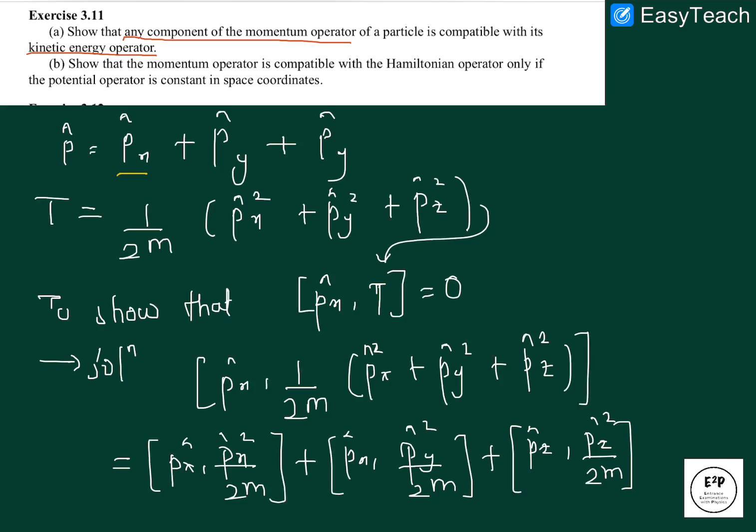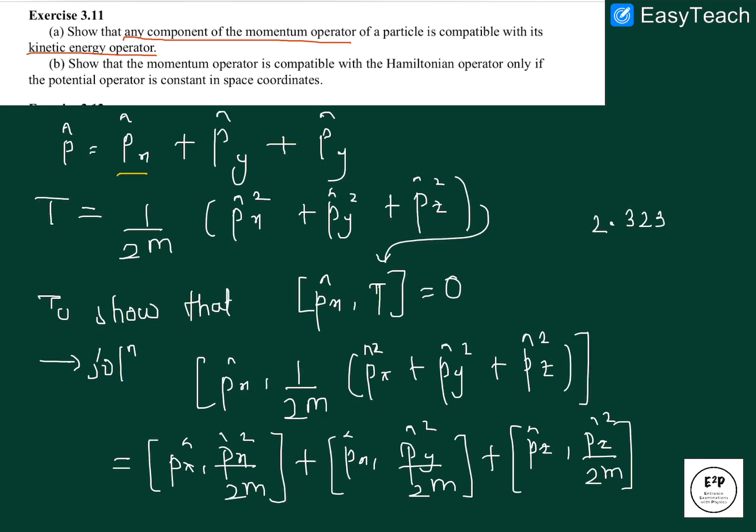Now, referring to an equation from chapter 2, that is equation number 2.323.